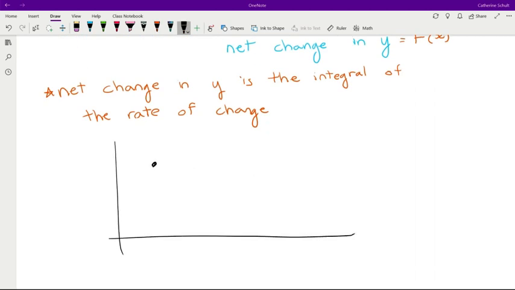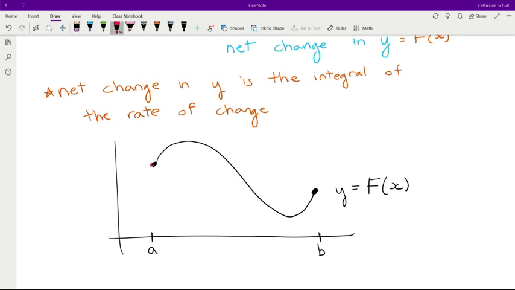So let's say we had a function on a closed interval a to b, and it was our f of x function, and we're going from a to b. The net change is how much we change from point A to point B. So this is your f of A, and this is your f of B. This distance right here, that's your net change.